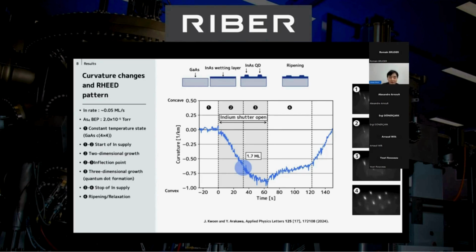This deposition level corresponds to the critical thickness known for indium arsenide quantum dots on gallium arsenide. The RHEED pattern changes from a streak to a spotty pattern showing a distinct chevron pattern, and that also shows the change of the growth mechanism from 2-dimensional growth to 3-dimensional growth.